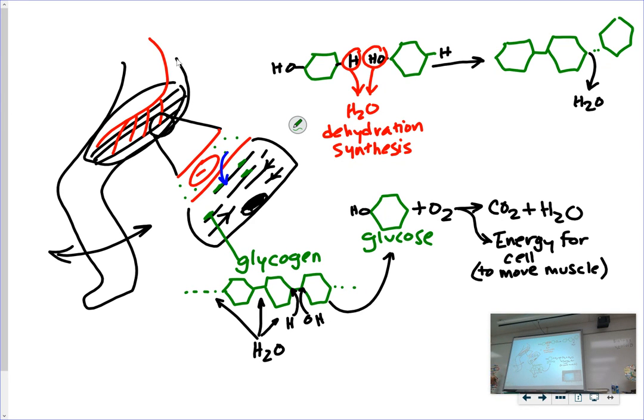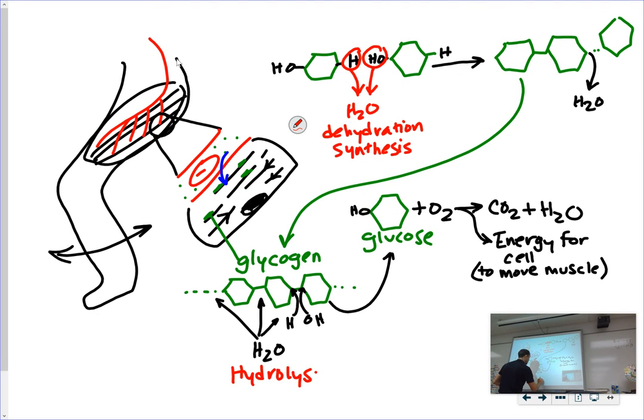Every time I want to add another one, I can remove an H2O and put the glucoses together to ultimately build glycogen, which then can get broken down by this process called hydrolysis, so that each new glucose can get released, so that this process called cellular respiration can occur.